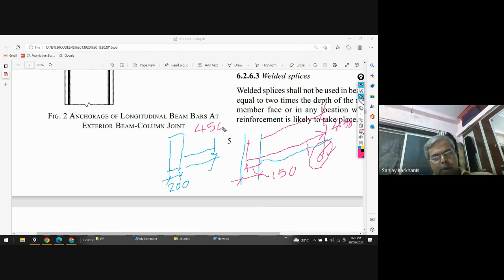And what is your LD requirement? Let's say this is your 20 dia bar. Your LD requirement is something around 1000, 50 times diameter. Or let's say this is your bar of 16 dia, then you need 1800.